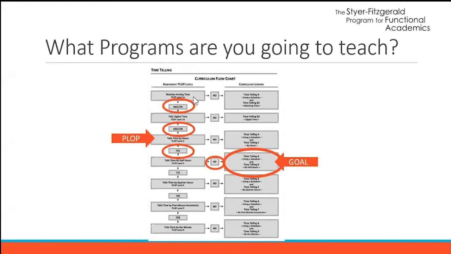They match time, they can tell digital time, they can tell time by hours. So then you're going to go to telling time by half hours. You did the assessment, they did not meet criteria. So now you're going to go across on your flow chart because you had a no, they couldn't do it. And now it's going to tell you on the curriculum and lessons which lesson plans you need to pull and data sheets, and that's where your student's going to begin their instruction.